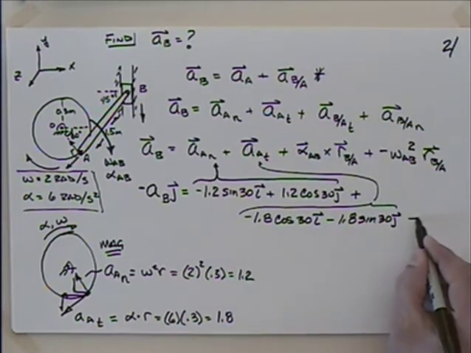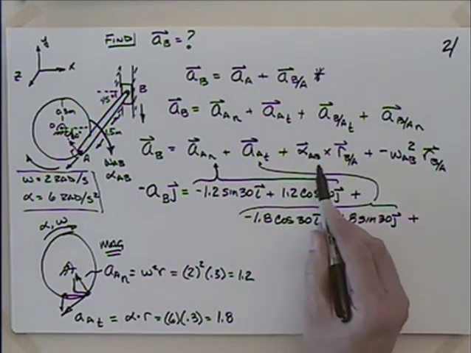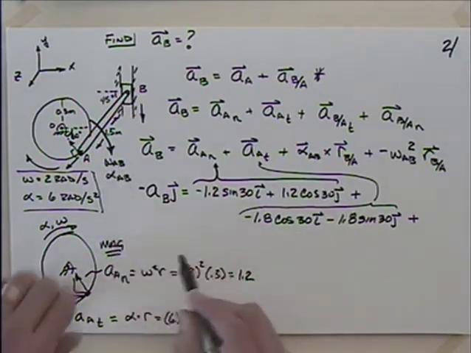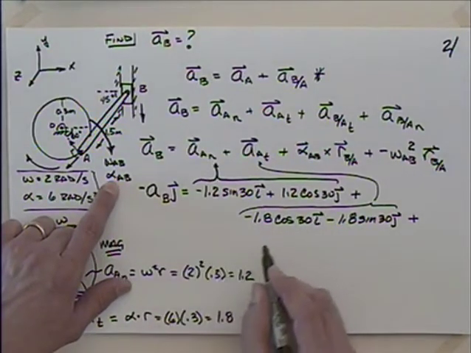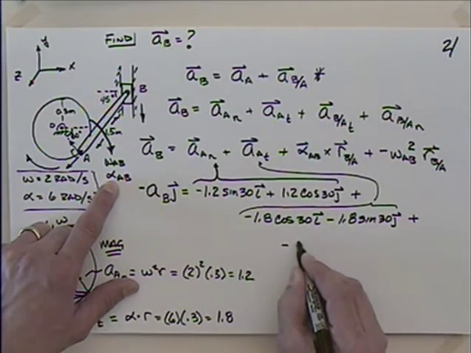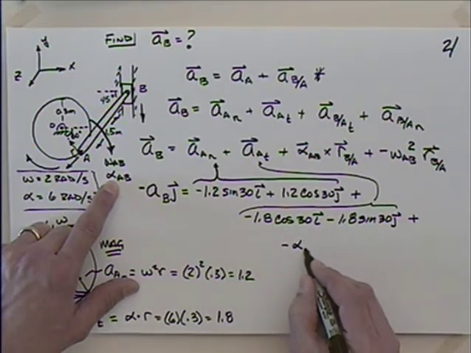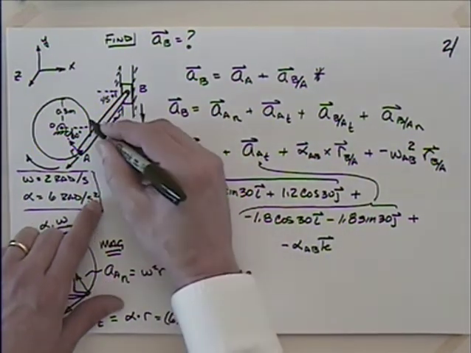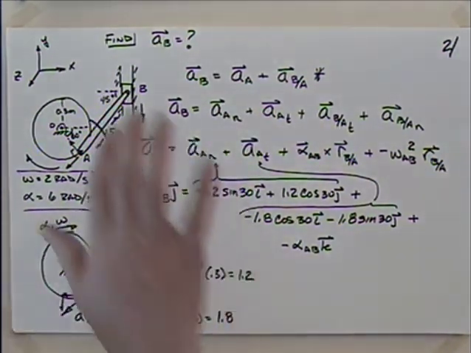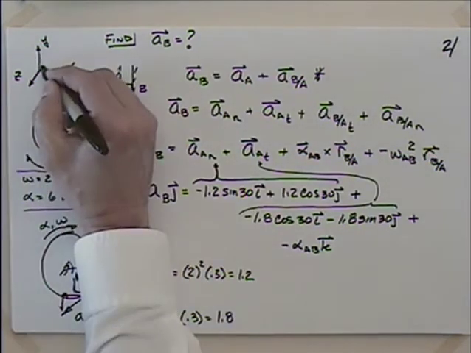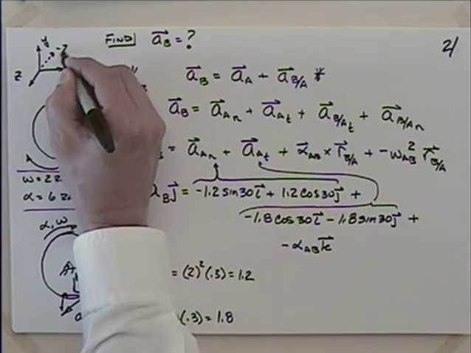I need to add to this. I need to look at this term here, right? Alpha AB. Do I have an alpha AB? Well, if I use the right-hand rule, alpha AB is going to be what? Minus alpha AB in the k direction. The way that I have assumed this, if you take the fingers of your right hand, put them in the direction there, your thumb is pointing into the paper, which is going to be minus z, isn't it?